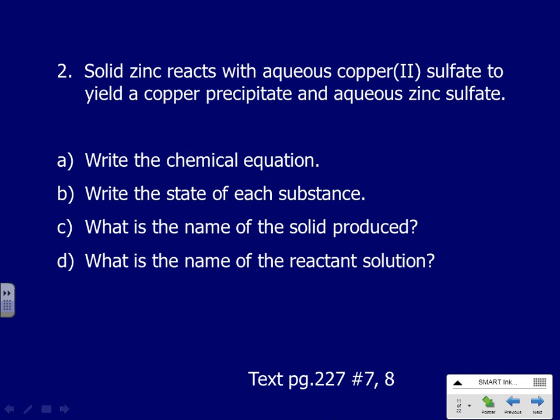So we don't want to write down a word equation. It doesn't state it. So let's see if we can go straight to the chemical equation.